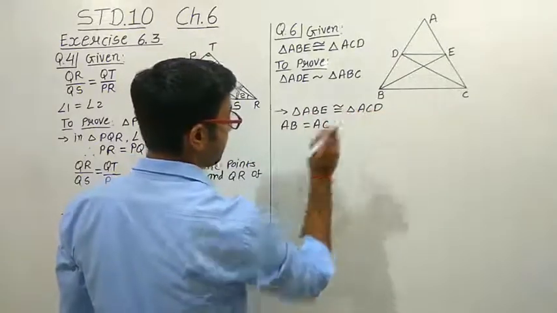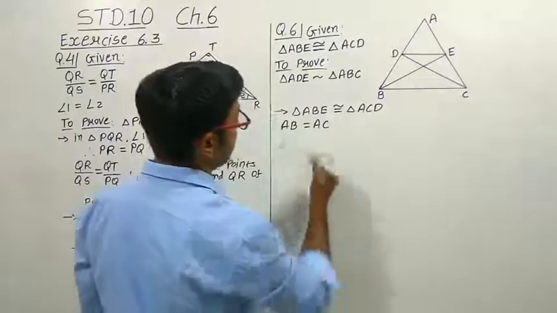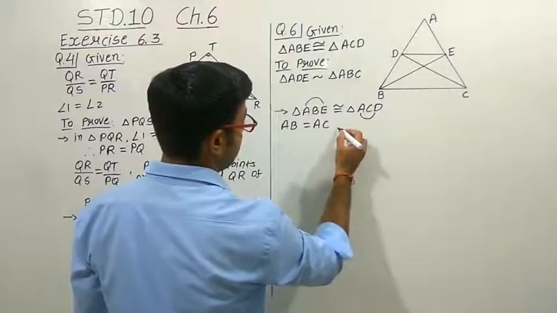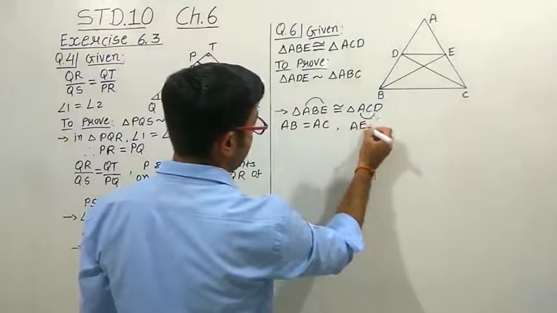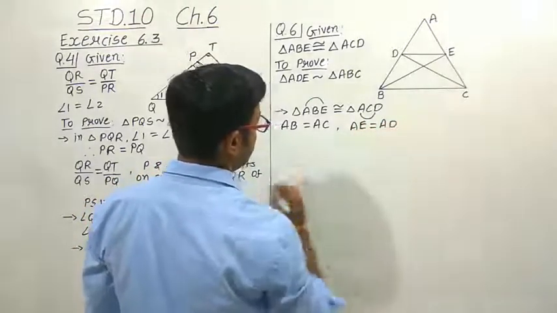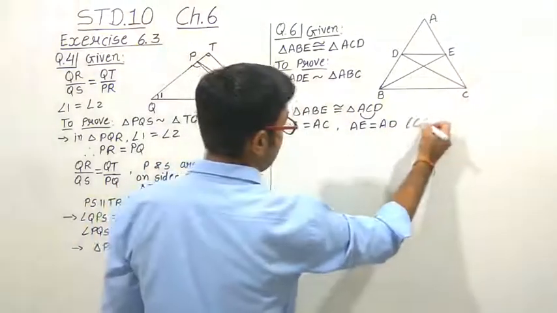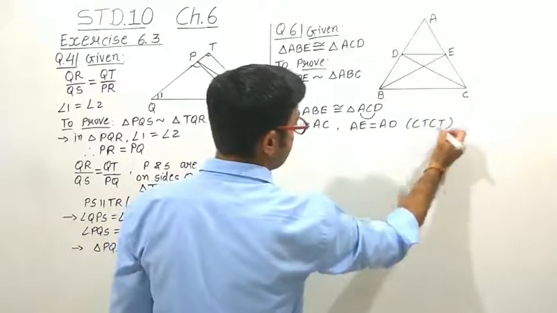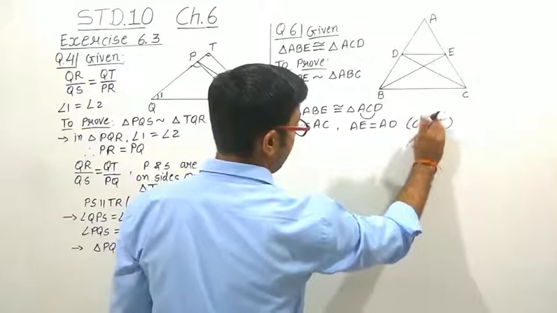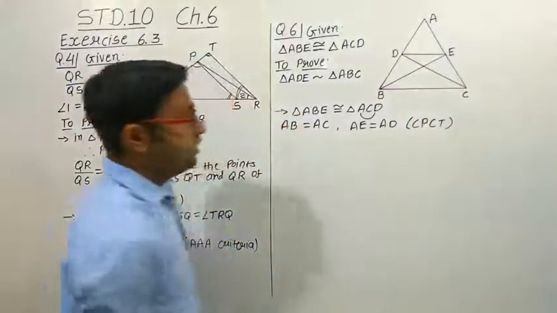In the same way, AE side will be equal to AD side, right? We can write these two things according to the CPCT, corresponding parts of congruent triangles.